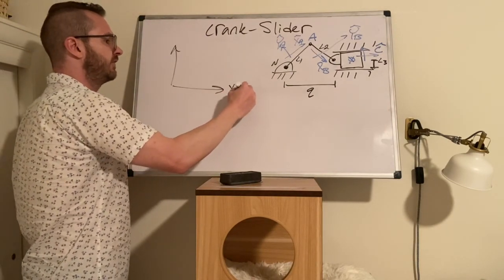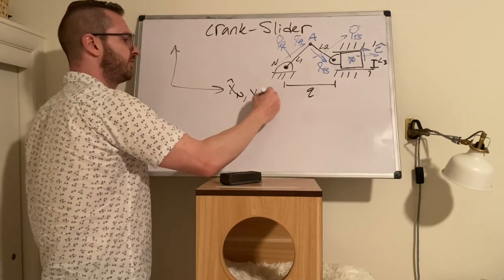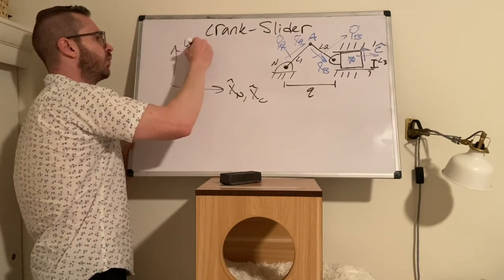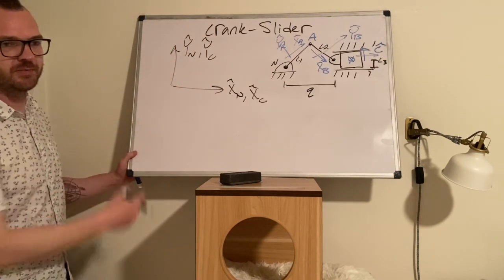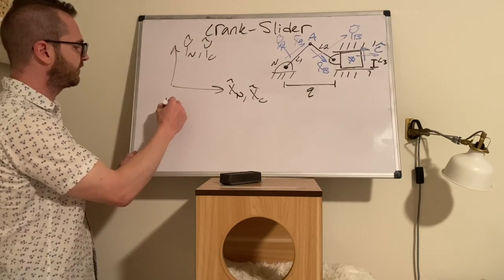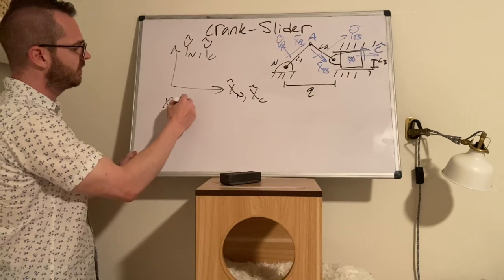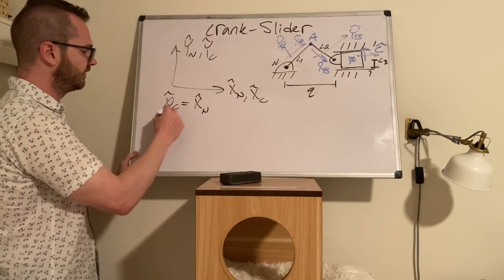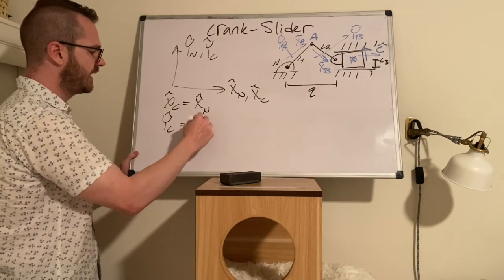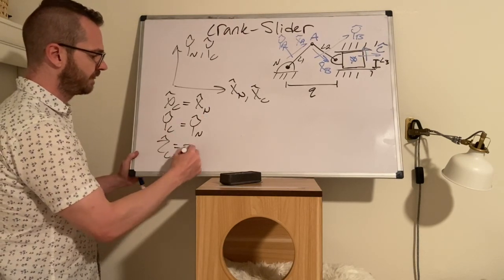And say XN, and you can just write next to it XC, YN, YC. There's a lot of ways to show this, but that's basically it. So XC is equal to XN, YC is equal to YN, and ZC is ZN.